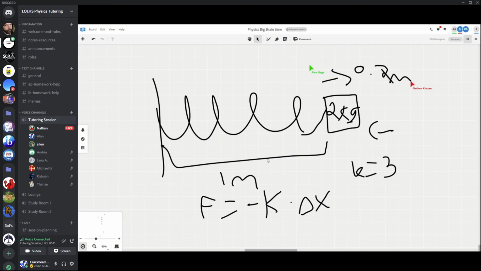I just got here. What are we solving for? Right now we're trying to solve for acceleration, the instantaneous acceleration as you let go of the mass. So it's displaced 0.2 meters to the right, the spring constant is 3, and it's 2 kilograms. What would the instantaneous acceleration be as you let it go?